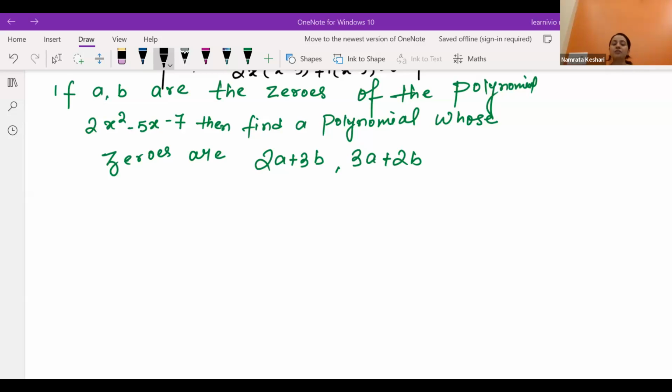Yes, are you done with it? Yes, ma'am, it is coming as the equation x square minus 25x plus 82. Okay. Rest of the students, please finish it.